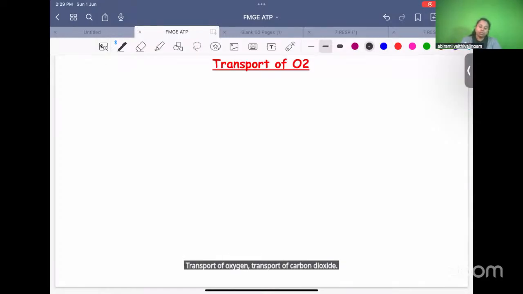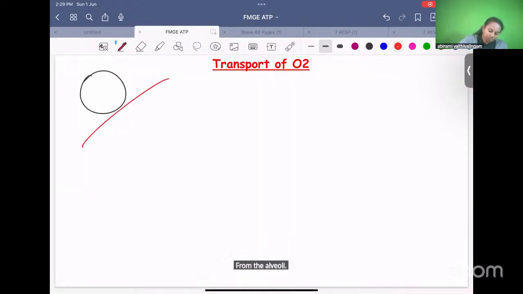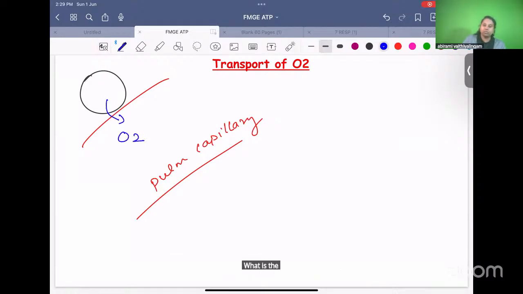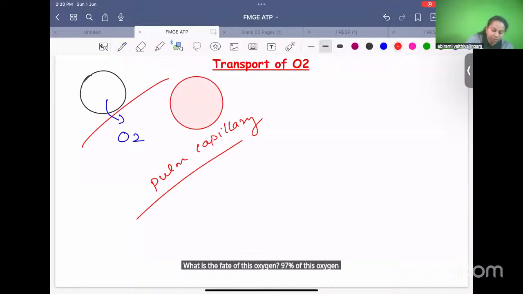How is oxygen transported? From the alveoli, oxygen diffuses into the pulmonary capillary. What is the fate of this oxygen? 97% of this oxygen will enter into the RBCs. This is a RBC, and 97% of this which goes into the RBC combines with hemoglobin.